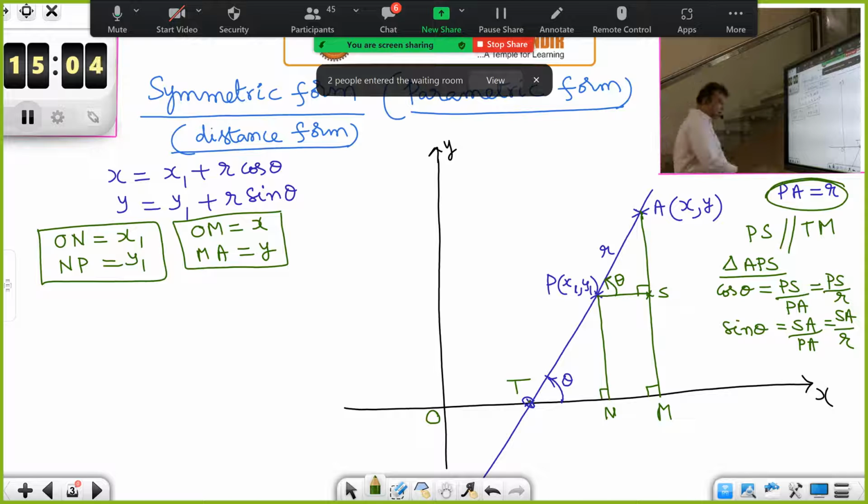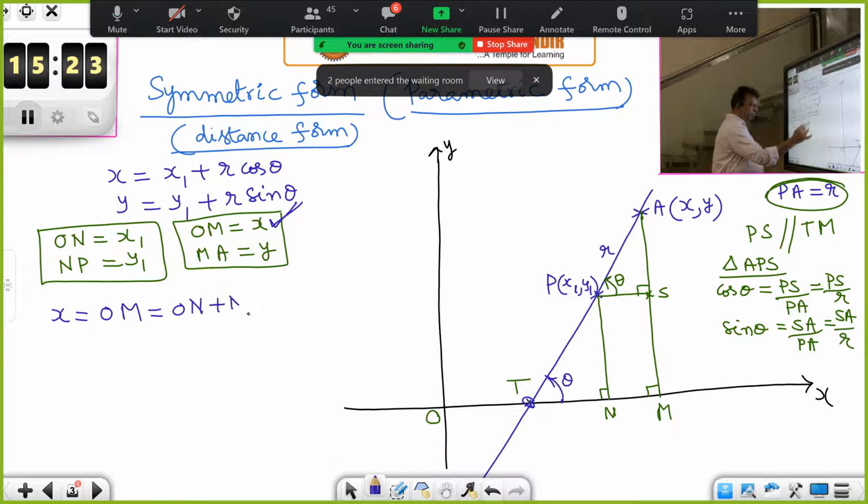Now I'll start here. Small x is equal to OM. Do you agree? Here we have taken small x is equal to OM. OM, is it not ON plus NM? Yes, sir. OM is equal to ON plus NM. But NM, is it equal to PS? Yes, sir. Come on, see the diagram.